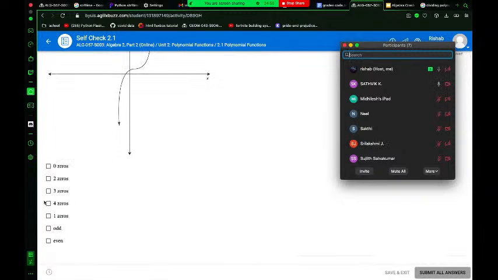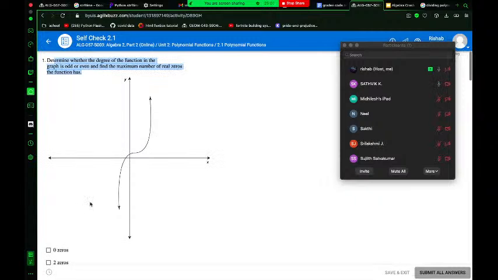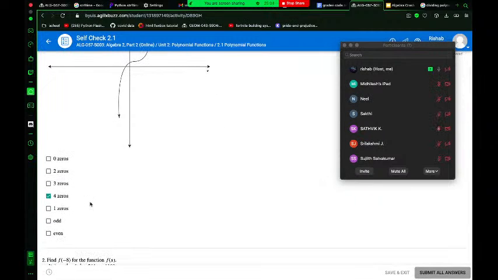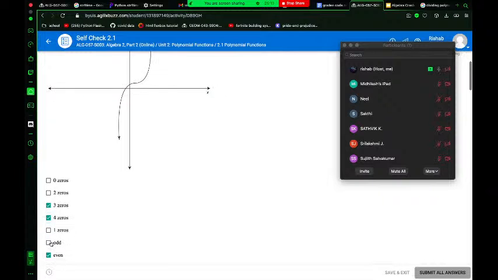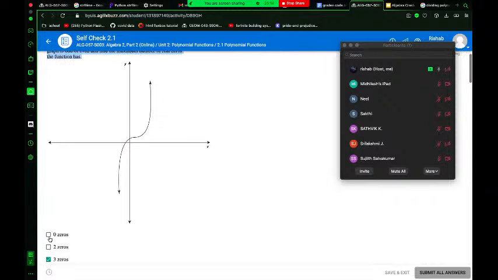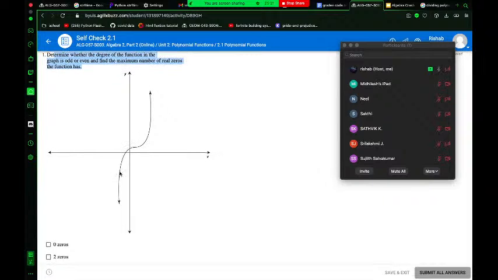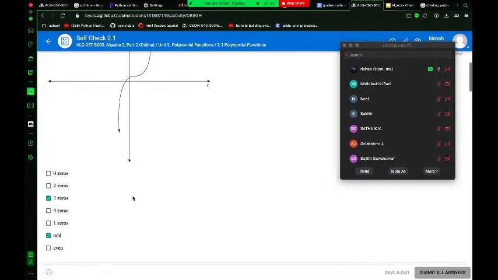Okay. And is it odd or even? It's even. Okay. So it actually has 3 zeros, and it's odd, because remember that trick I told you about, the pattern: if this arrow points upward and this arrow points downward, then you know it's going to be an odd function.